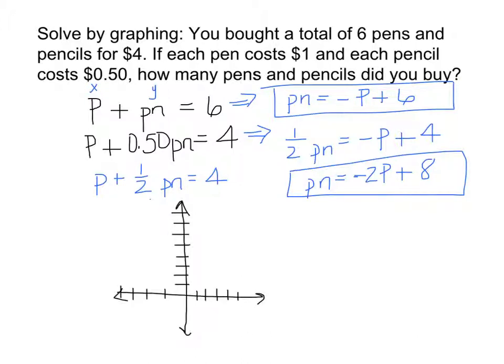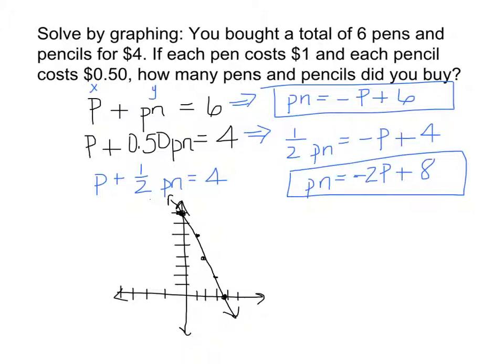Okay, so start at 8. And we go down 2 over 1, down 2 over 1. And it makes it so hard if you don't use graph paper. So this is the bottom equation.